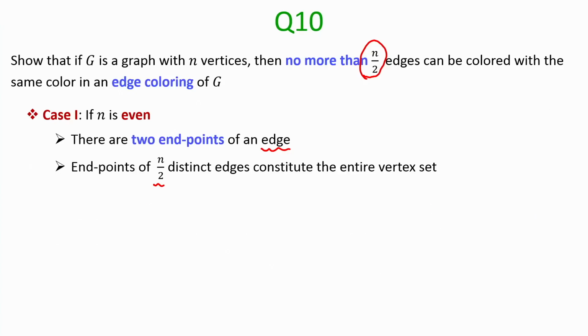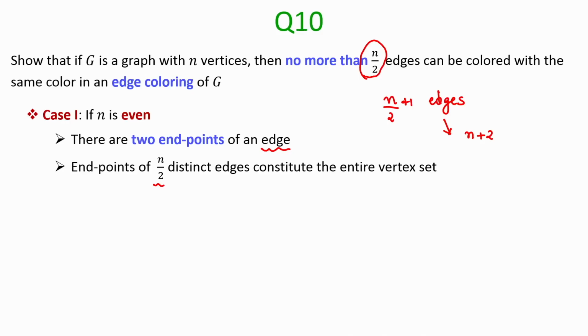So, I can't color n by 2 plus 1 edges with the same color, because if I do that, then their endpoints will give me n plus 2 vertices, but my graph in the first place has only n vertices. So, at most I can color n by 2 distinct edges with the same color.